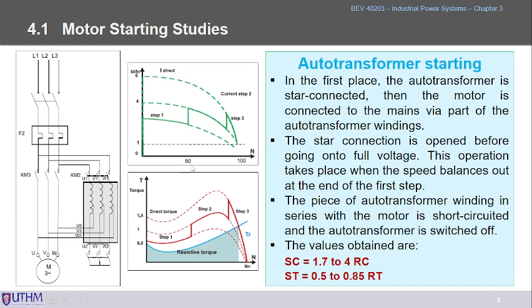As we can see here, once the speed is reaching 50% of its nominal speed, that means we can switch to another step, like step 2 and step 3. So it seems like we can play around with the tapping. The starting current is about 1.7 to 4, which is quite nice, and the starting torque is still low, 0.5 to 0.85.